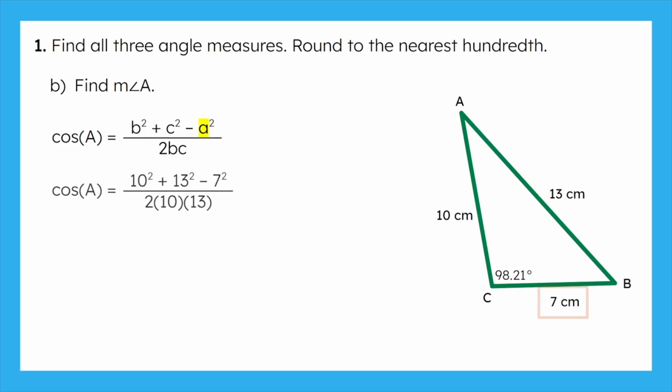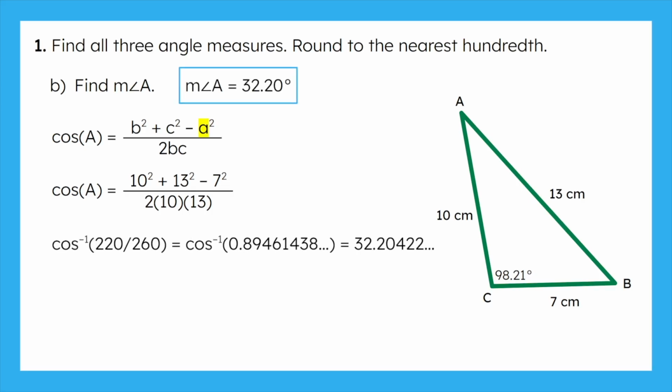I substituted values and got cosine of A equals 10 squared plus 13 squared minus the side across from angle A, 7 squared, all over 2 times 10 times 13. From there, I used my calculator and the inverse cosine function to find an angle measure of about 32.20 degrees.